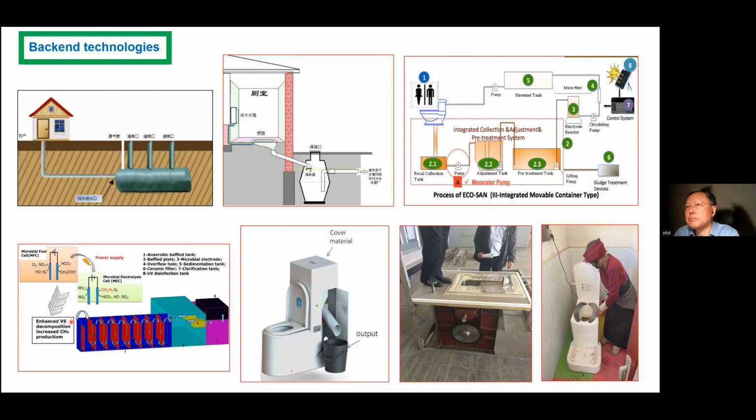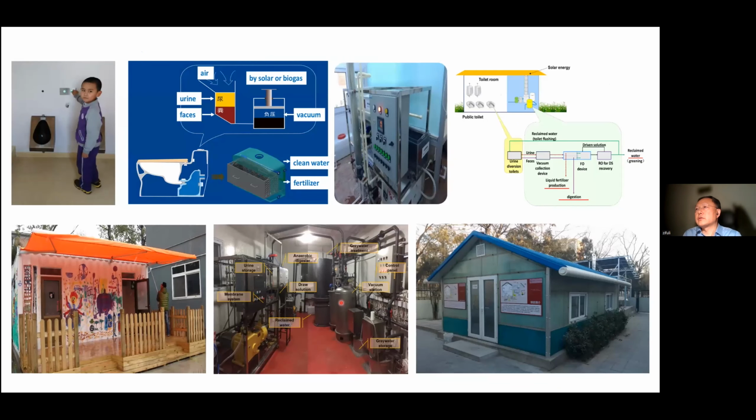And here also some waterless toilet products. And here also the vacuum system, and for urine we use a forward osmosis system, for urine concentration, and FO and RO combined systems.